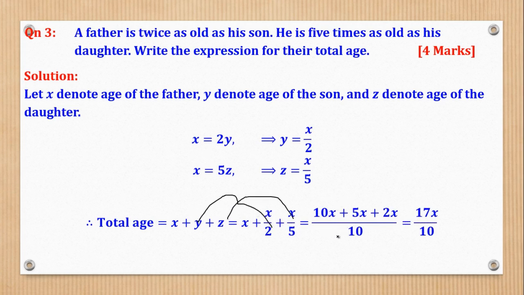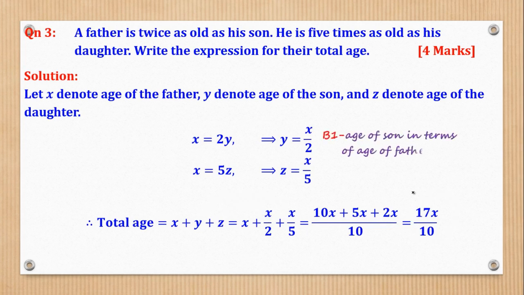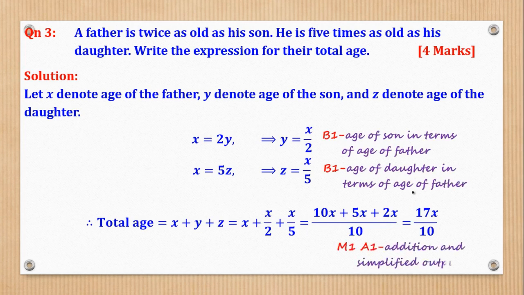So get the LCM and come up with 17X over 10 as the total age. So basically that's what they wanted. You had to get the age of the son in terms of the age of the father, and also age of the daughter in terms of the age of this father. Then you add everything to come up with the output.